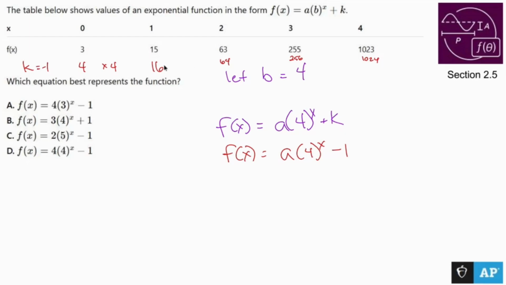With this new table that I just created, my initial value occurs when x is equal to 0. So in this new table, when x was 0, I would have 4. So f of x is going to equal my initial value, which is 4, times my multiplier, which is 4, to the x minus 1.